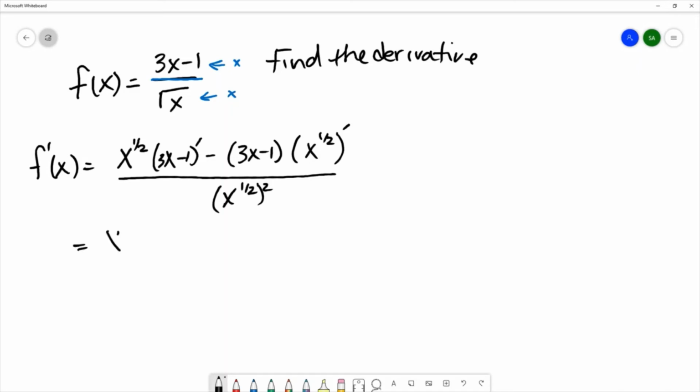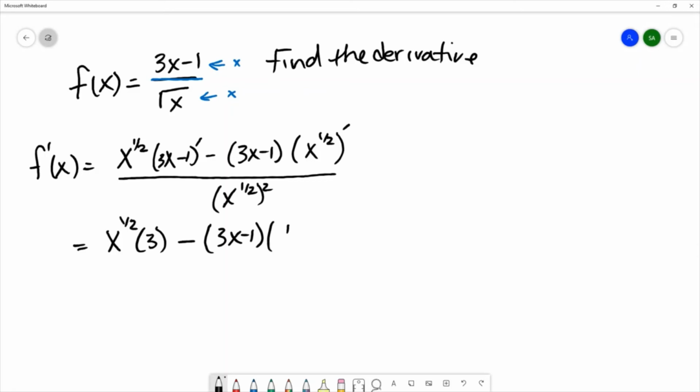I have x to the 1/2, and the derivative of 3x minus 1 would be 3. Derivative of 3x is 3. The derivative of 1 is 0. And then I'll use the power rule to find the derivative of x to the 1/2.